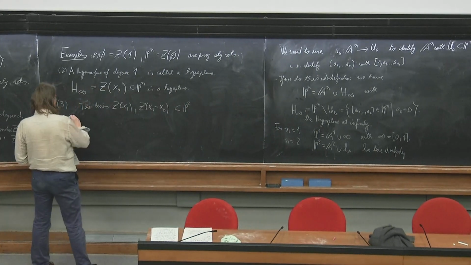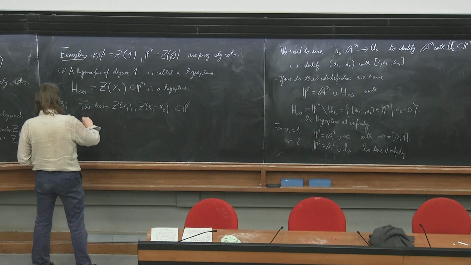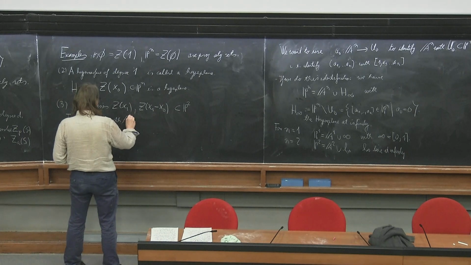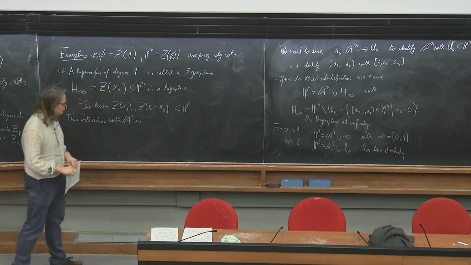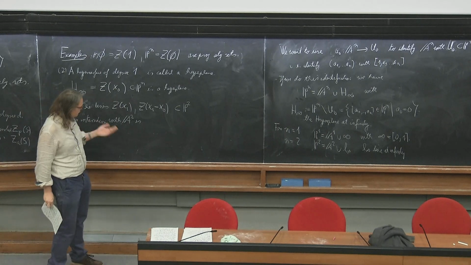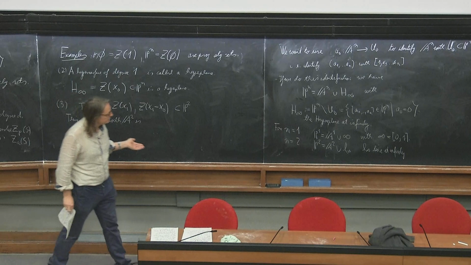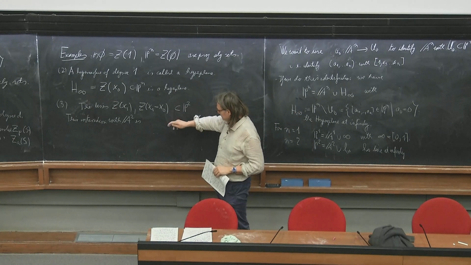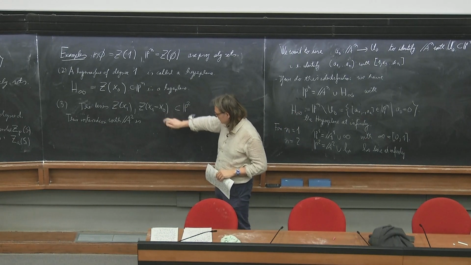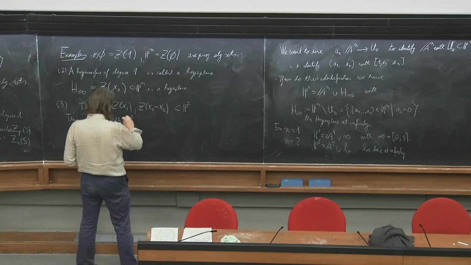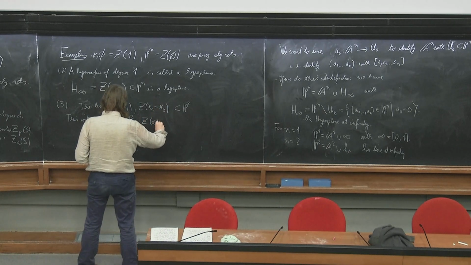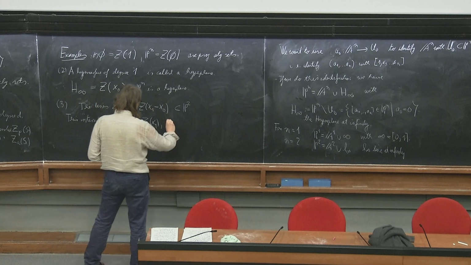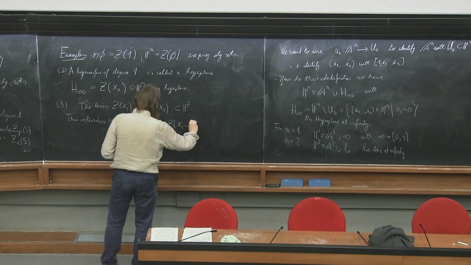So if you look at this operation, what you just do is put x0 equal to 1. So their intersection with A2: the first one is the zero set of x1 in A2, and the second one is the zero set of x1 minus 1 in A2.